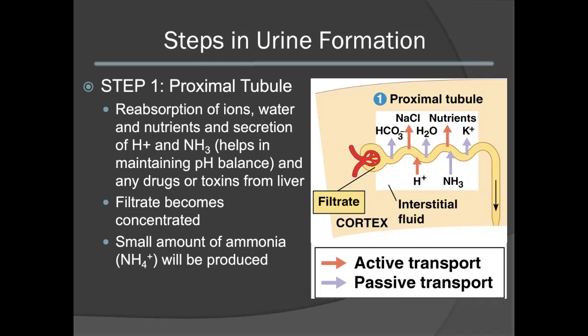Ammonia will be passively crossing the transport epithelium to enter into the lumen of the tubule to be eliminated. Hydrogen ions will also be pumped into the lumen, and sodium chloride as well as other nutrients will actively be transported out of the lumen into the surrounding tissue.